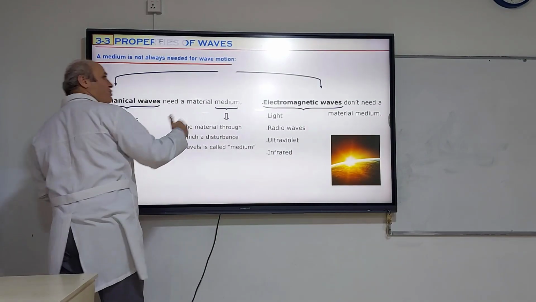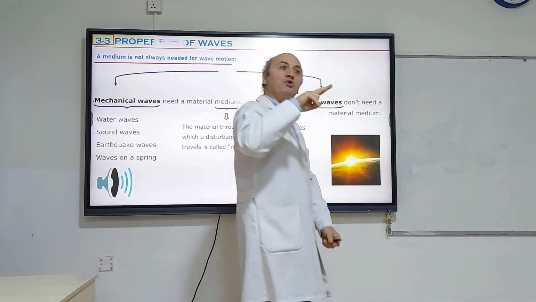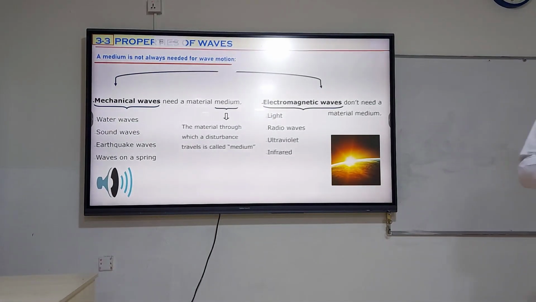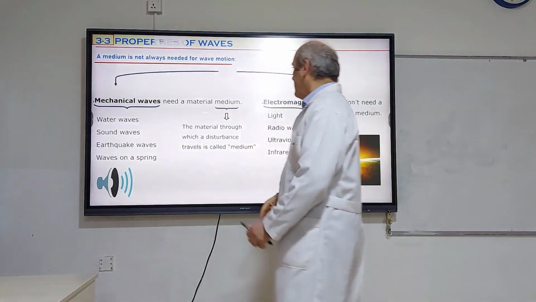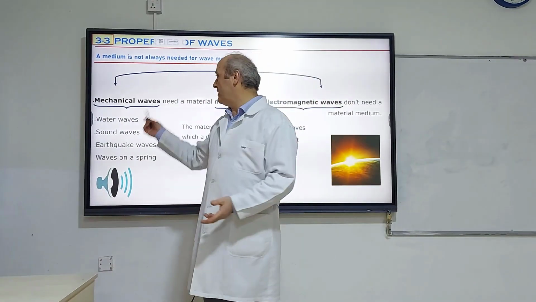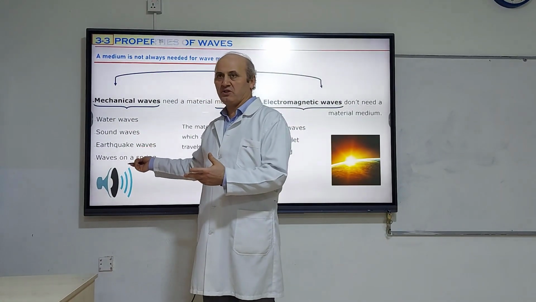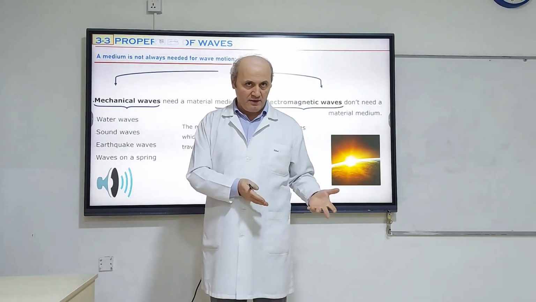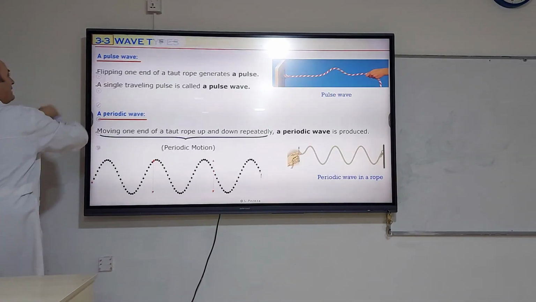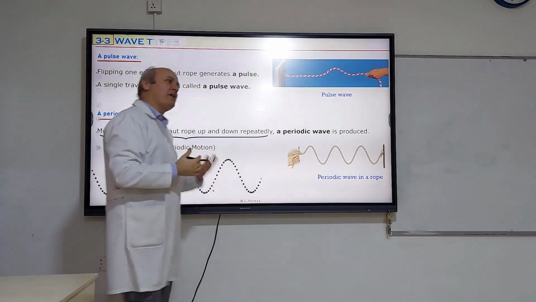So according to the need for a medium, we classify waves into two groups, mechanical waves and electromagnetic waves. Electromagnetic waves travel with the speed of light. Mechanical waves' speed depends on the medium. Later we will talk about how fast they travel. And now we are going to continue with types of waves.